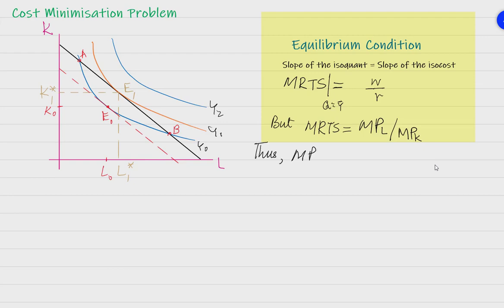Thus, we can write the equilibrium condition as MPL over MPK equals W over the rental rate R. And if we reorganize this equation, then we can find that the marginal product of labor over the wage rate is equal to the marginal product of capital over the rental rate.